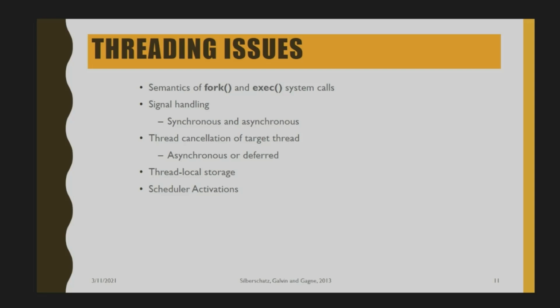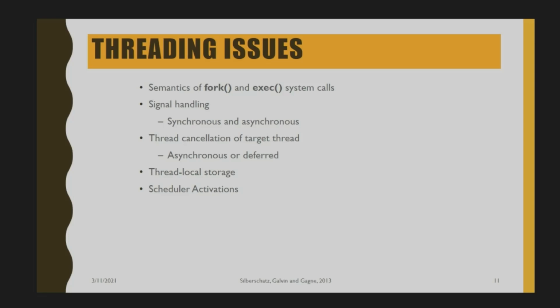So that is the question and the issue in what we call the semantics of the fork function and the exec system call. Some of the operating systems have two versions of the fork function, so they need to choose which version is the right one to be called.